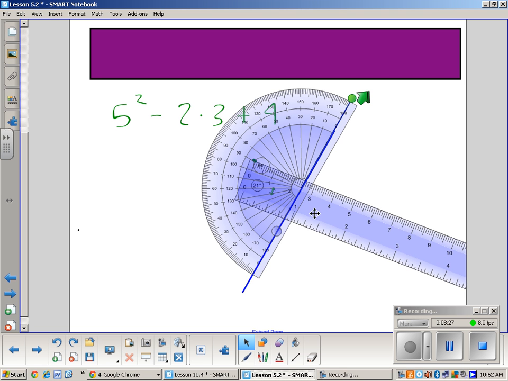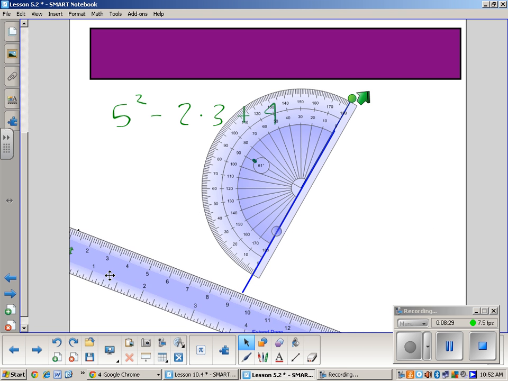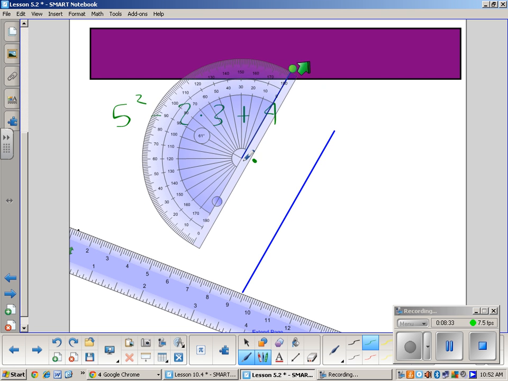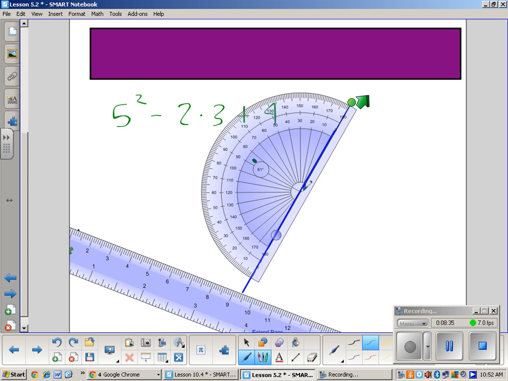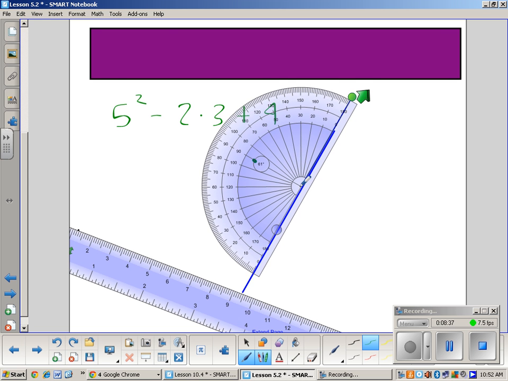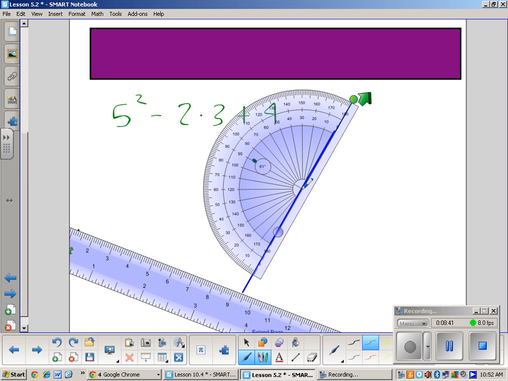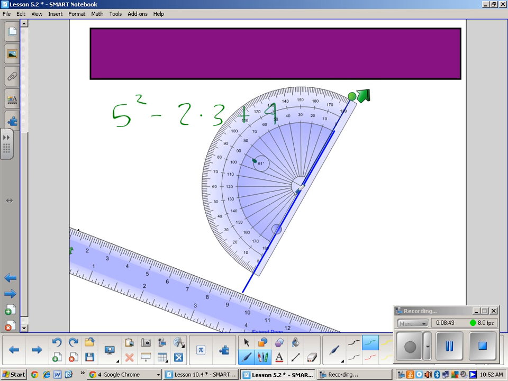What I've done is I put my protractor on the line so that the 90 passes through the point, okay?